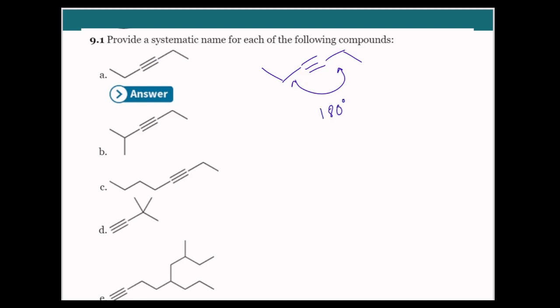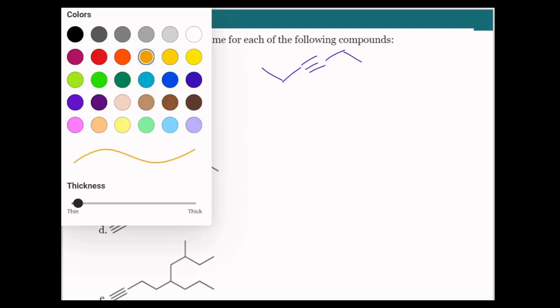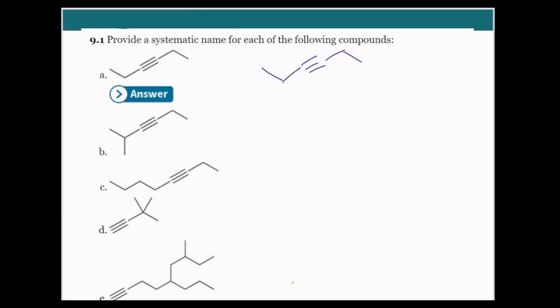So I want to keep that consistent when I'm drawing my molecules. Okay, just pointing that out. So let's go ahead and number these atoms in the parent. So we don't have any substituents here. This is a relatively simple molecule. Okay, so let's number them.